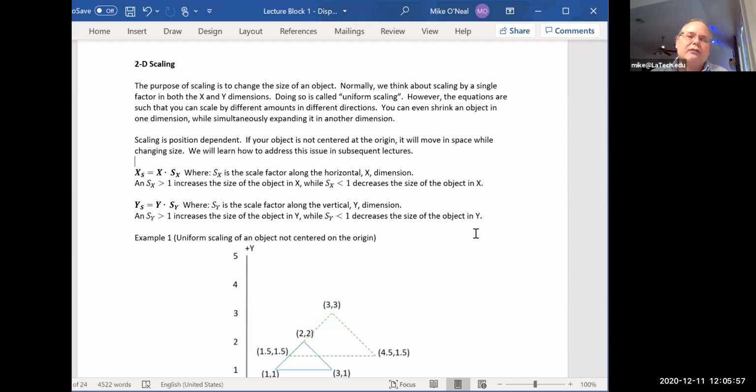If a scale factor is greater than 1, it's going to increase the size of something. If a scale factor is greater than 0 but less than 1, it's going to decrease the size. Okay? All right. So let's look at uniform scaling and see what happens.